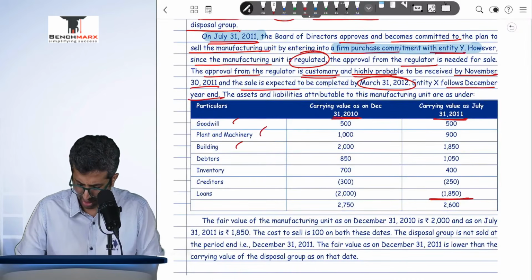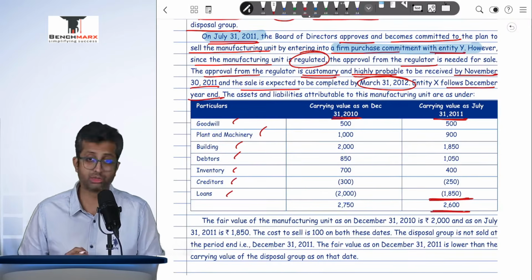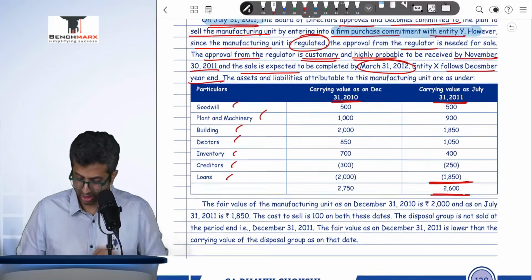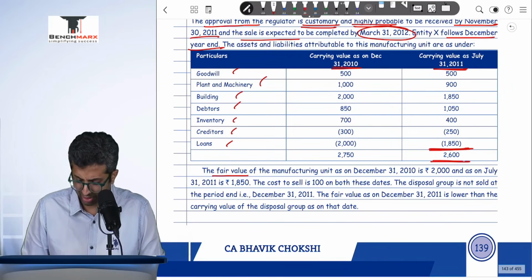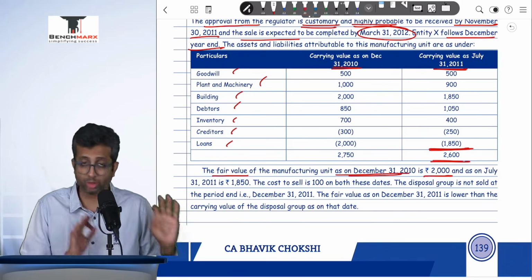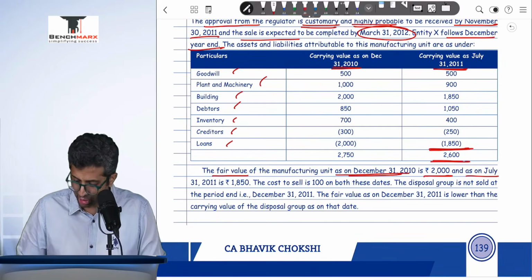Goodwill, plant, building, debtors, inventory, creditors, loans, all said and done, your carrying value is 2600. On 31st December 10 it would be something else, but it was not classified as held for sale on that date. Now the fair value of the manufacturing unit on 31st December 10 was 2000. However, I'll again repeat, it was not classified as held for sale, and hence there will be no write-off on 31st December 10. And as on 31st July, this is 1850.